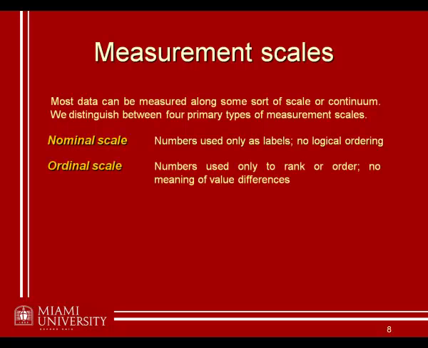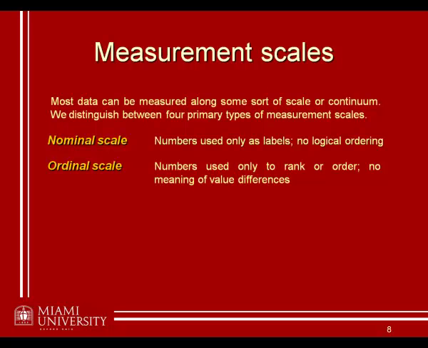The second type of scale, and these are ordered in terms of increasing precision, is the ordinal scale. In an ordinal scale, not only do numbers identify different quantities, but they're also used to rank or order. In other words, if we have an ordinal scale, then we know that 3 is greater than or less than 2, 5 is greater than or less than 4, and so forth.